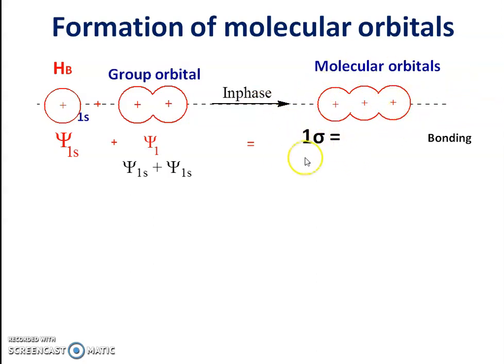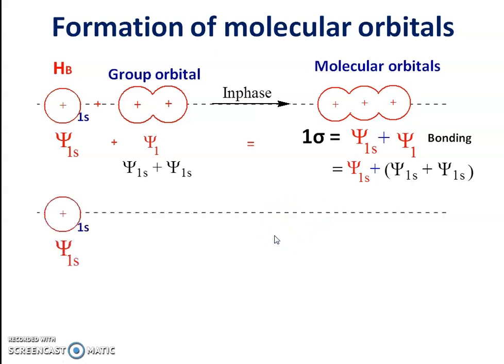It is 1 sigma, it is singly degenerate, and 1 sigma is equal to psi 1s plus psi 1, but psi 1 is equal to psi 1s plus psi 1s, and therefore 1 sigma is equal to psi 1s plus psi 1s plus psi 1s. This 1 sigma is also labeled as a, that is, singly degenerate.